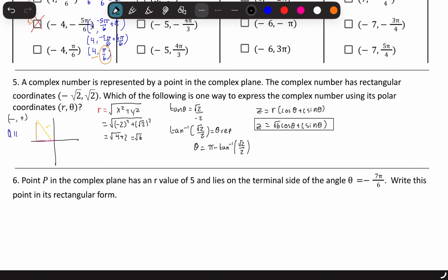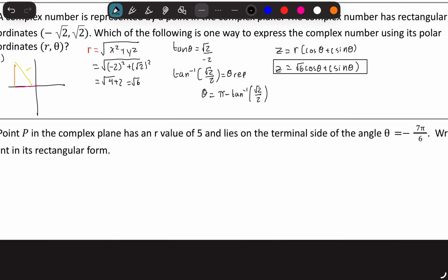A point P in the complex plane has an r value of 5 and lies on the terminal side of an angle. Theta is equal to negative 7 pi over 6. Write this point in its rectangular form.